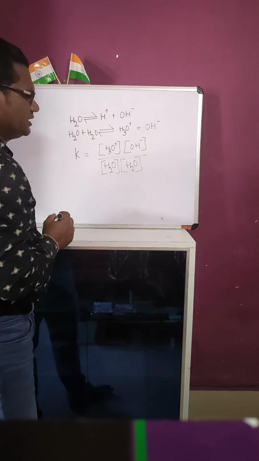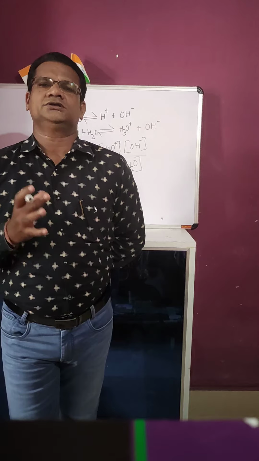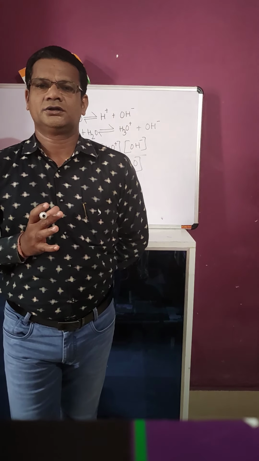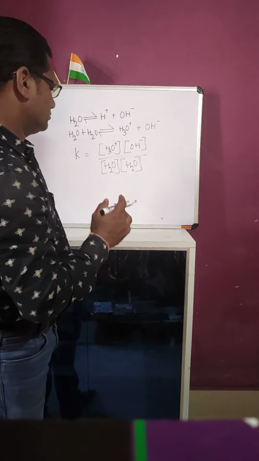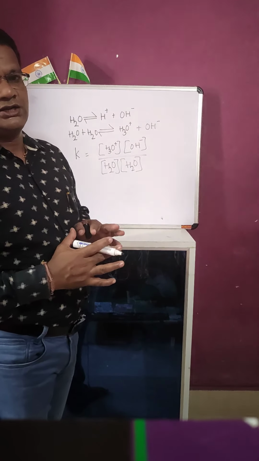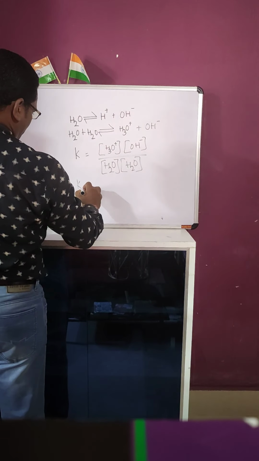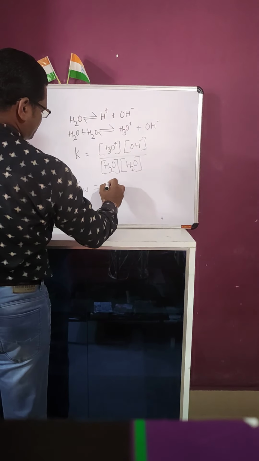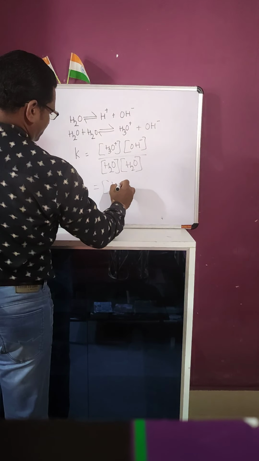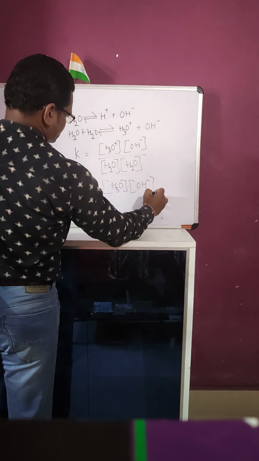Since this water is present in a large amount, its ionization is taken to be constant. So the product of this K with the water concentration is another constant. I can write it as Kw. So Kw equals the molar concentration of H3O plus and OH minus.